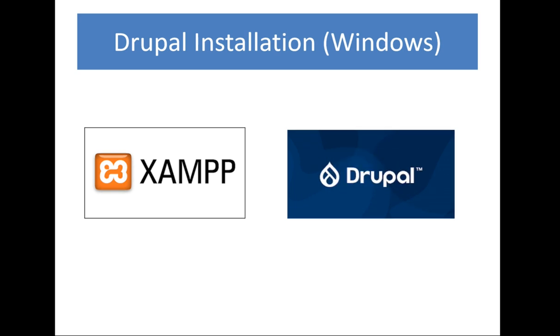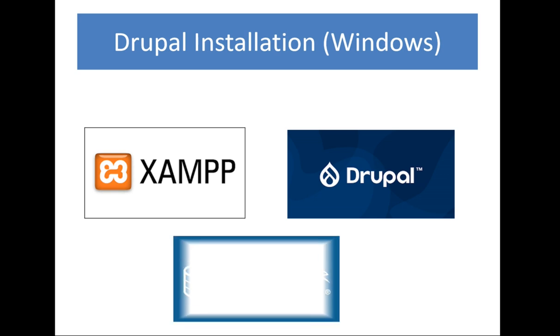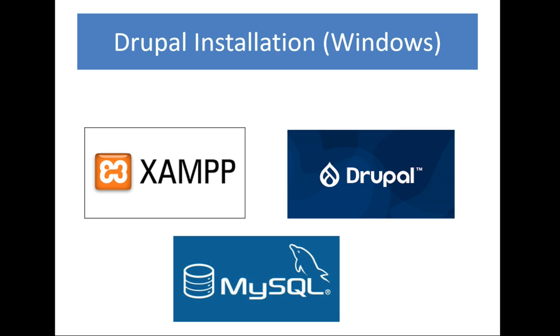You can download it from the website of Drupal, and you should have a MySQL database to fetch the data from the user and to save organized data to the MySQL databases. So these three are required to install Drupal on a Windows operating system.